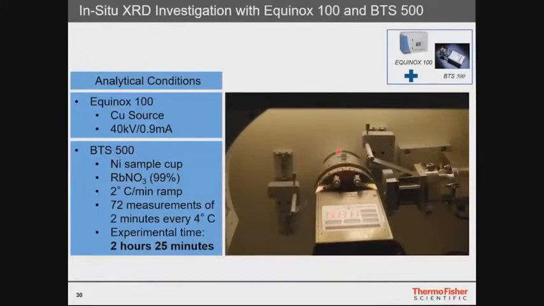It's called BTS 500, and can heat from room temperature up to 500 degrees centigrade. We're using a copper source and a nickel sample cup. And we are using a measurement program where we do 72 measurements of 2 minutes every 4 degrees centigrade. The experimental time is something like 2.5 hours, so it's quite quick and quite convenient to do.